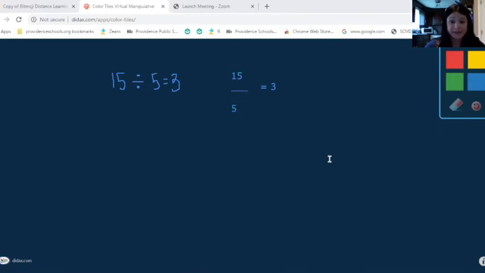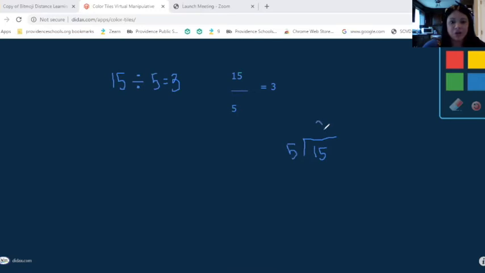You also might see long division. And long division includes where you have a box with one number on the inside, one number on the outside, and an answer on the top.